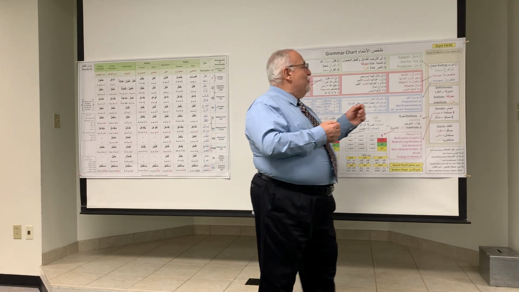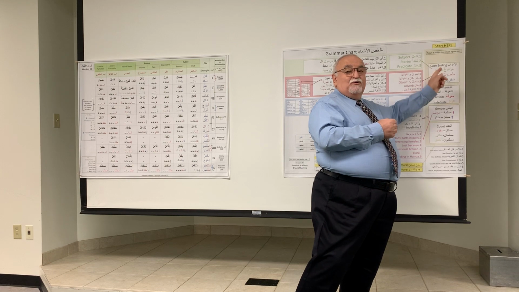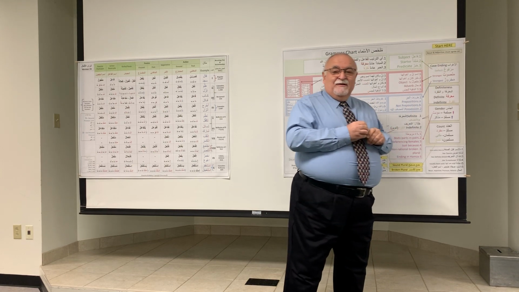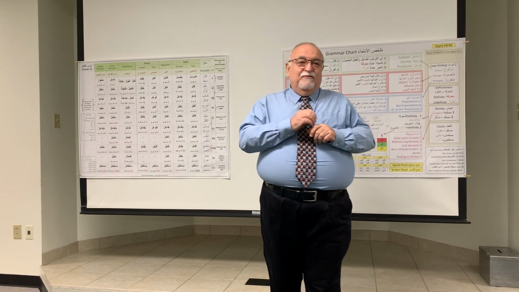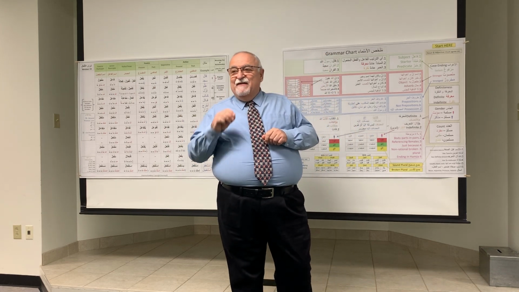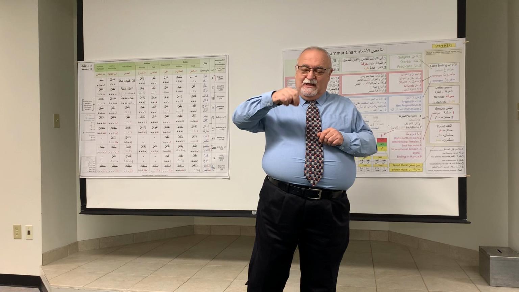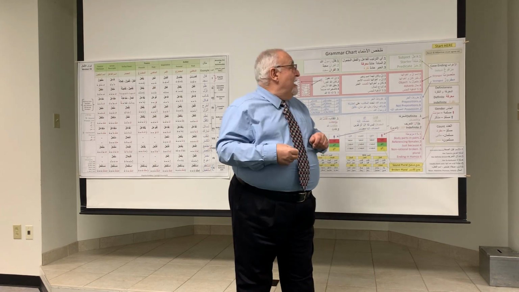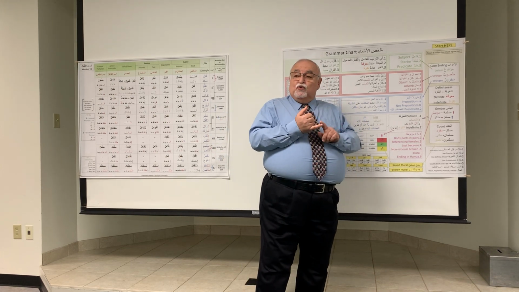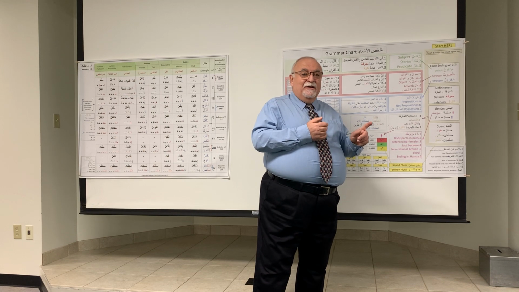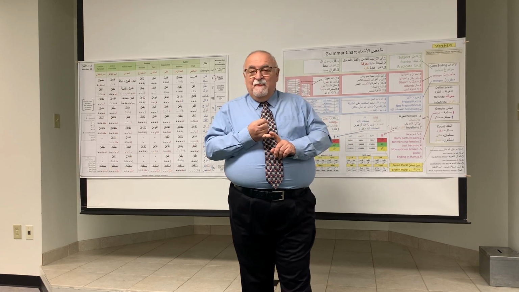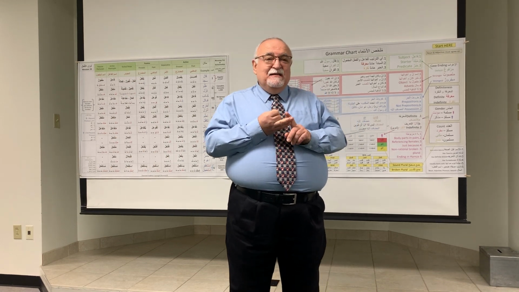So, when we take the simple one, الرجل جائع, Justin, that is a phrase. However, if I want to make it a sentence and say that the man is in the state of being hungry, I will say الرجل جائع. The subject is definite, but the predicate has to be indefinite.